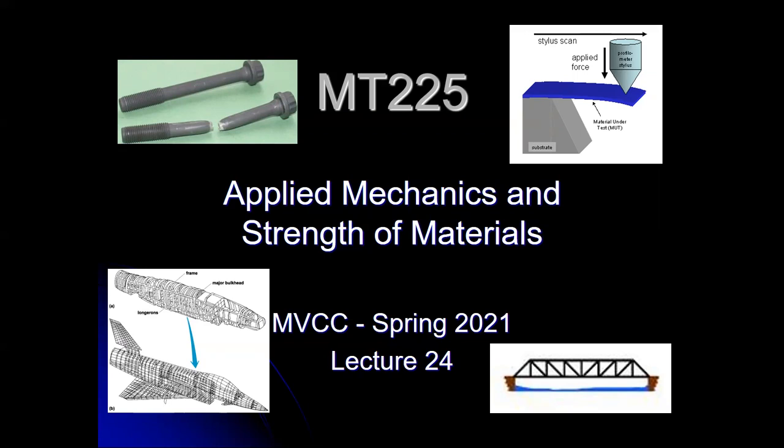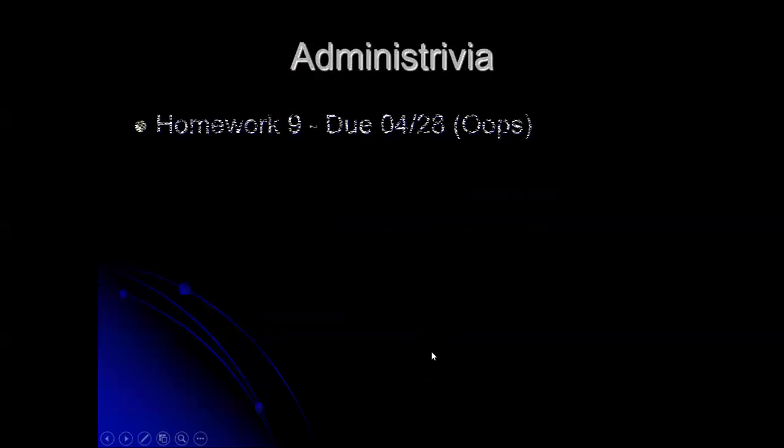Essentially what we're going to be doing is a little bit on design, and so we'll learn some of the features and factors that we have to take into account when designing, choosing materials to handle a load.